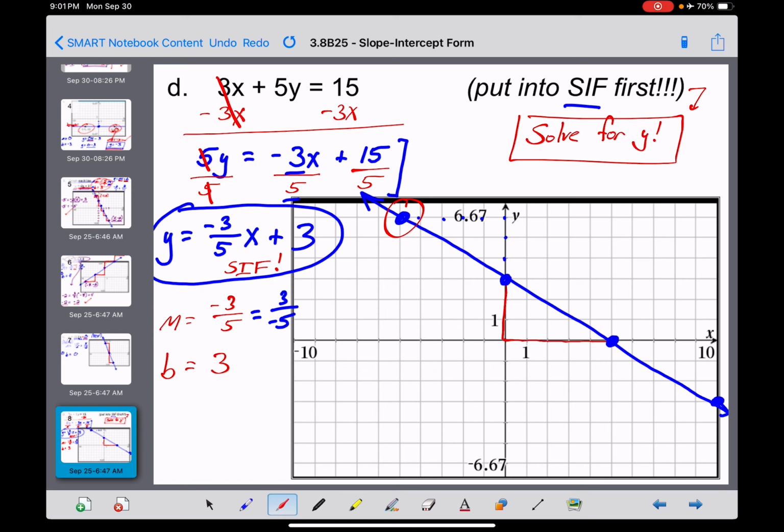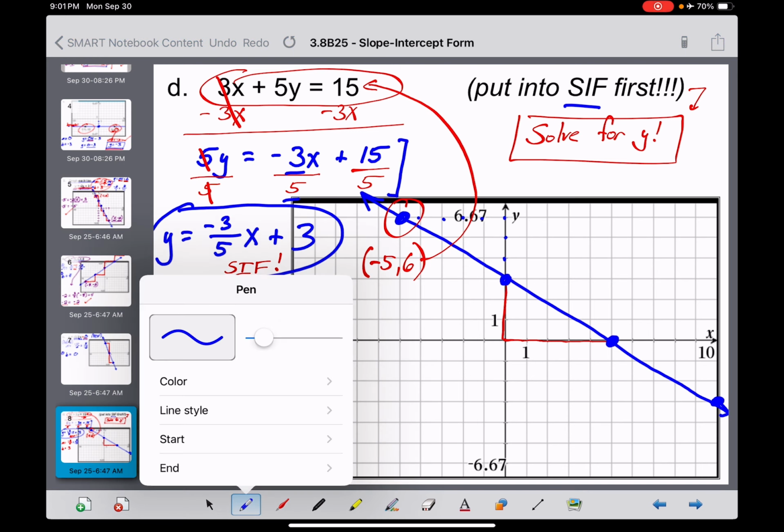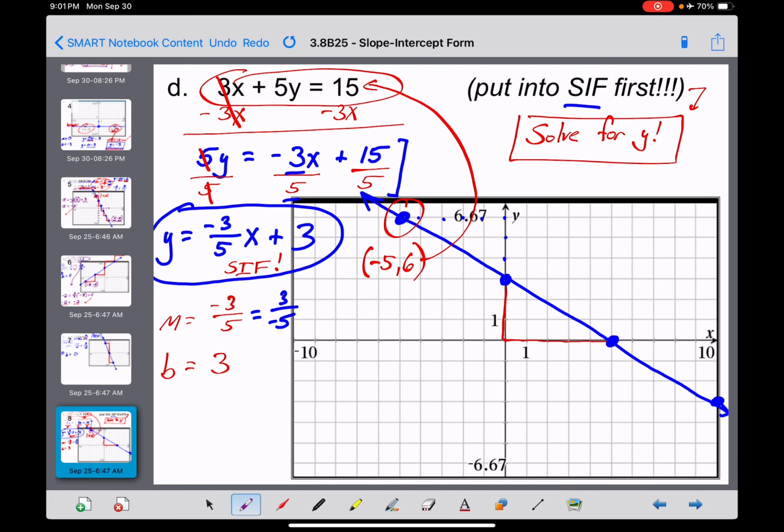Let me play around with this point right here, guys, which has the coordinates of negative 5, positive 6. I'm going to take that and go back to the original standard form equation, and we're going to see if we can get this to work out. So I'm just following the format of the original equation here, so it's going to be 3 times an x-coordinate of negative 5. What's next then?